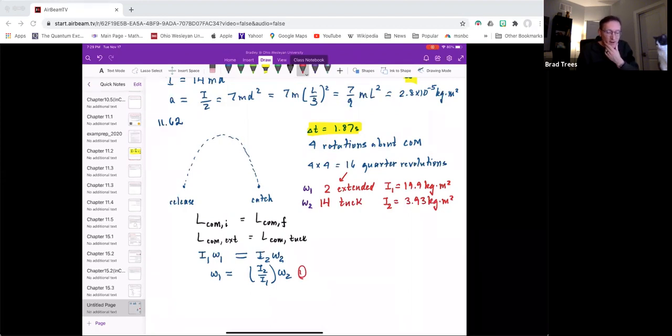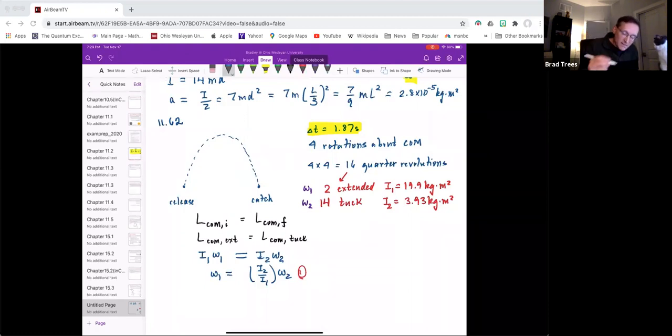All right, now let's figure out how to get this timing the way we want it. I want 2 quarter revolutions at omega 1 and 14 quarter revolutions at omega 2. And a quarter revolution is pi over 2 radians.